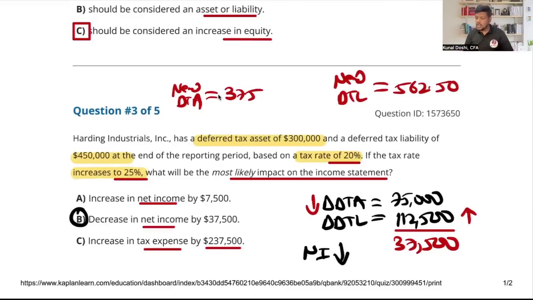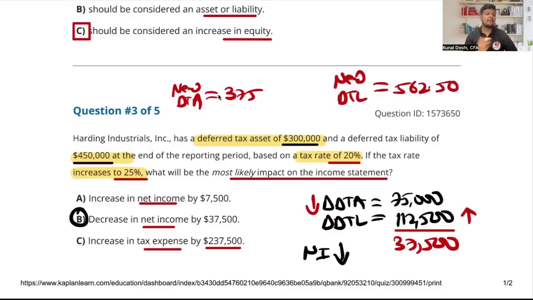You can also use the shortcut. You can just take the difference between 450 and 300. That is 150 into 25 divided by 20. Directly, you will get the answer. But then that will be the net effect. Whatever that net effect is, you can directly put it into the answer, either DTA or DTL.